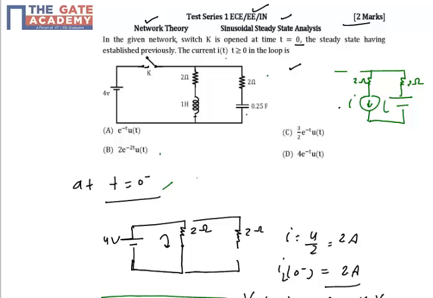And you need to find the expression of the current of this loop. So you need to use the Laplace circuit at t greater than 0. The battery we can ignore because the switch is open, so the battery is not going to play any role at t greater than 0.